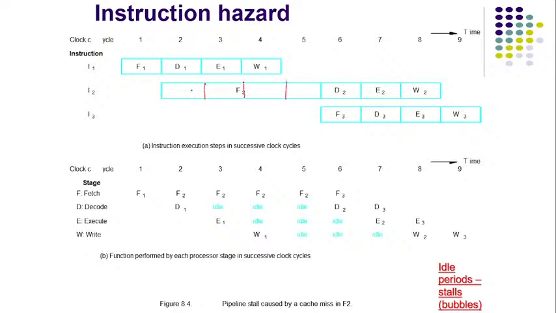In the second clock cycle the first instruction is in the decoding stage and the second instruction is fetching, but it is not available.